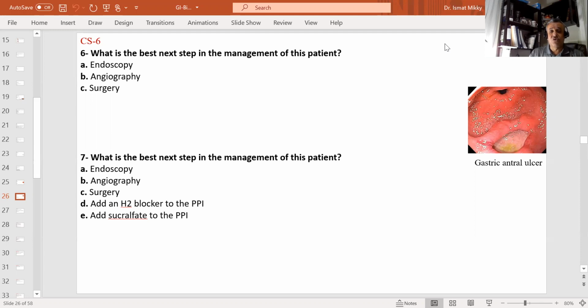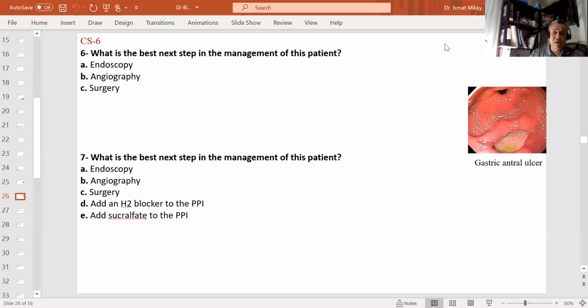The surgical treatments for the PUD include oversewing of the artery with the truncal vagotomy. So these are complicated procedures. They will suture the artery with the truncal vagotomy, or do an antrectomy with gastrojejunostomy, which is also called the Billroth 2 procedure.